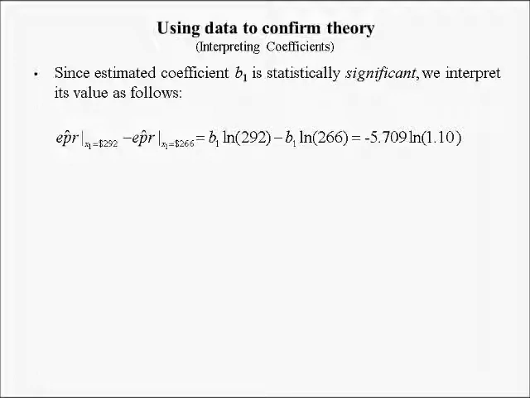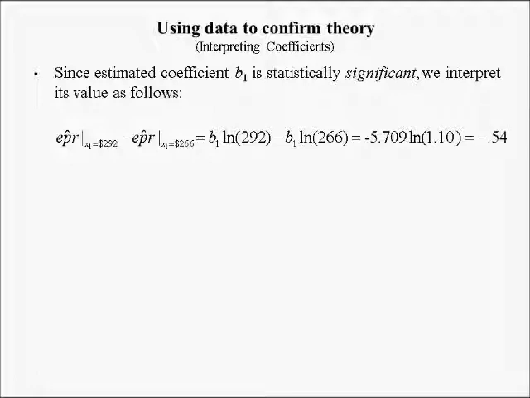Log of 292 minus log of 266 is equal to the log of 292 divided by 266. Now it just so happens that 292 divided by 266 is 1.1. So we're talking about a 10% increase in the TANF benefit for a family of 3.